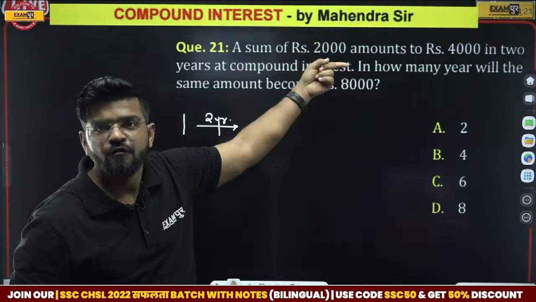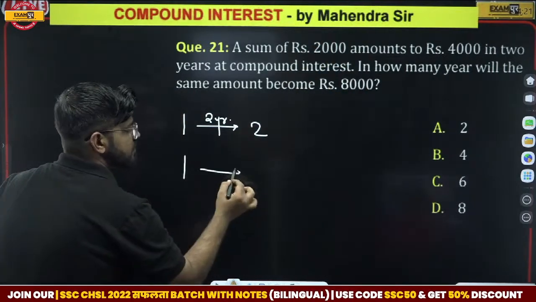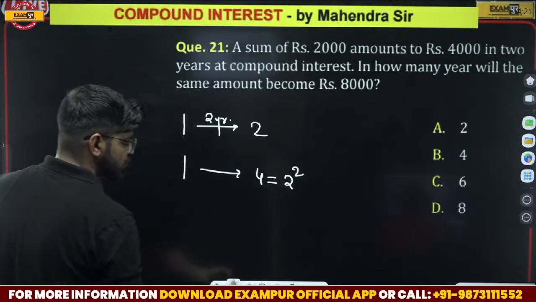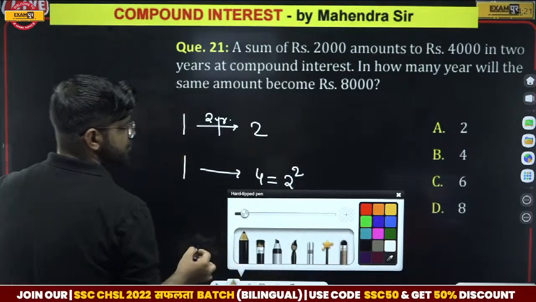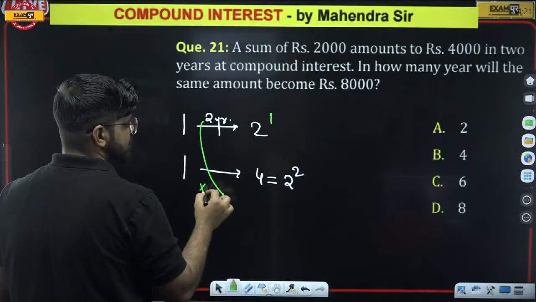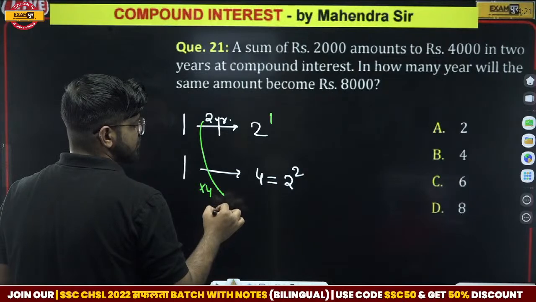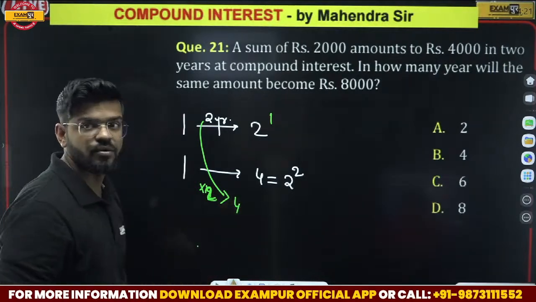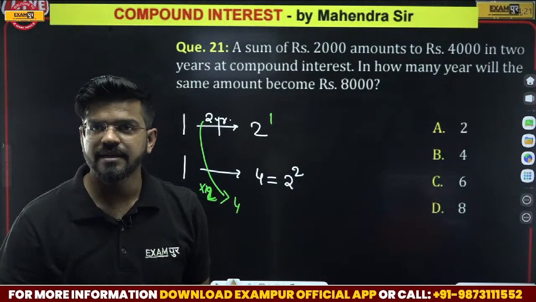That is 4 times. How can we write 4? We can write 4 as 2 squared. Yes or no? If the power is 1, the power is 2. To get the actual answer, we just multiply by 2. So 4 is our right answer.